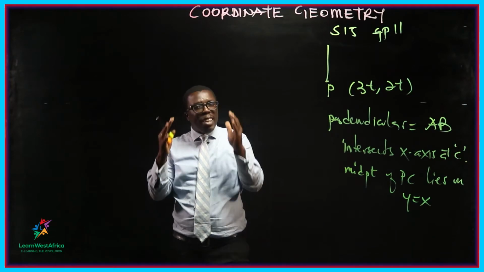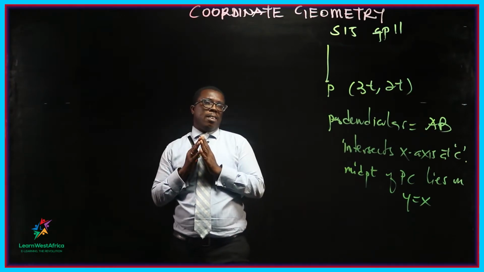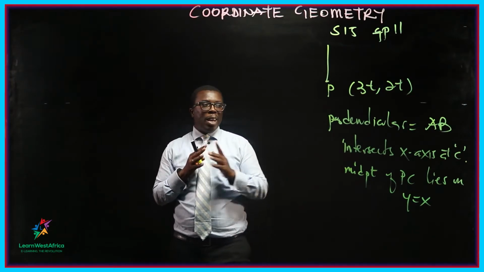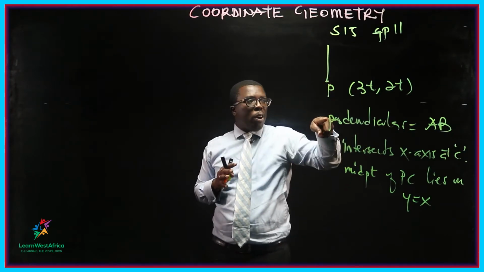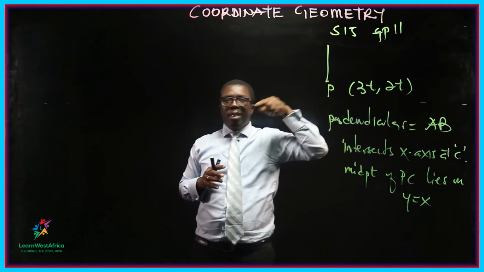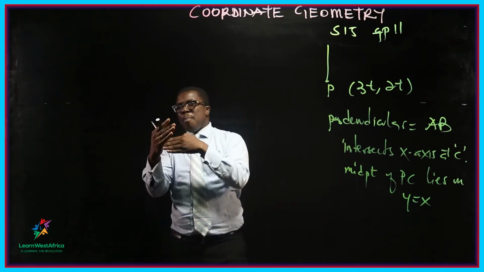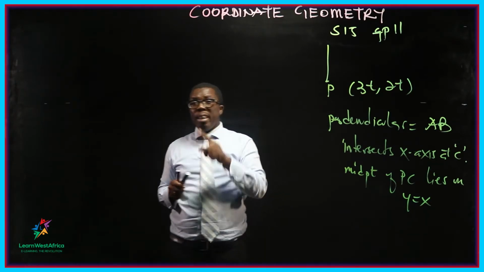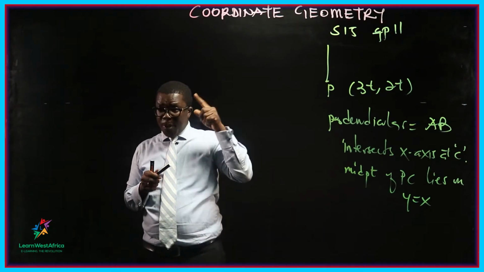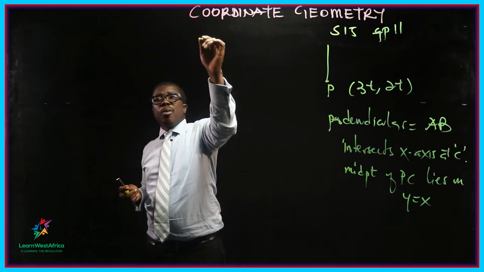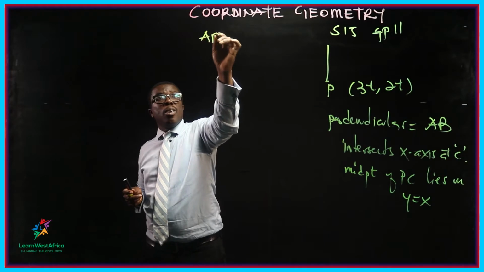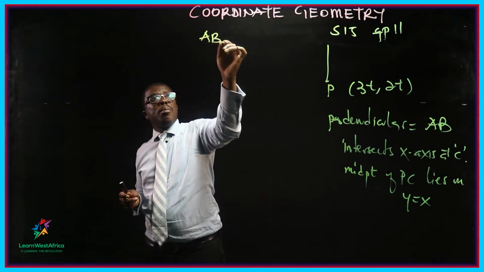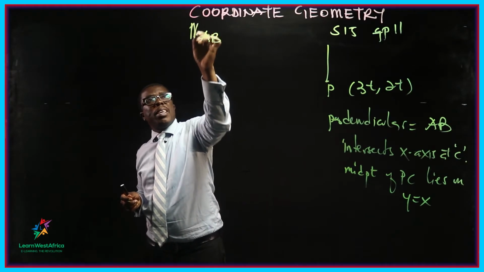So we need to find the equation of the perpendicular. And the question is saying that that perpendicular goes through the point P and it hits AB at 90 degrees. From the previous part, the first part, we know that the gradient of AB was what? Let's call this M. Let me make it a big M.